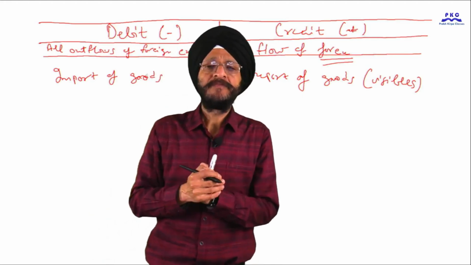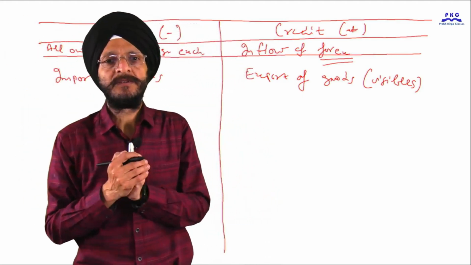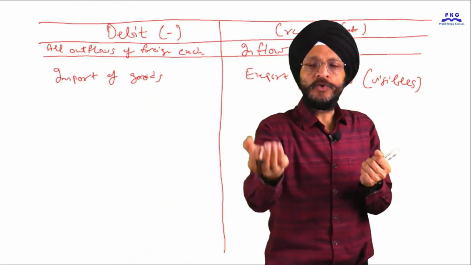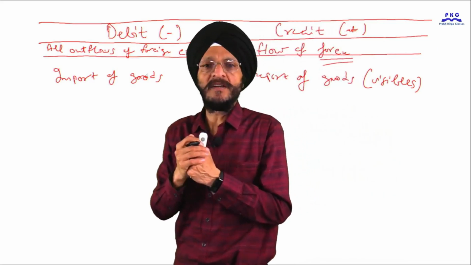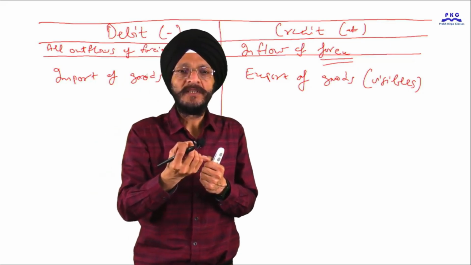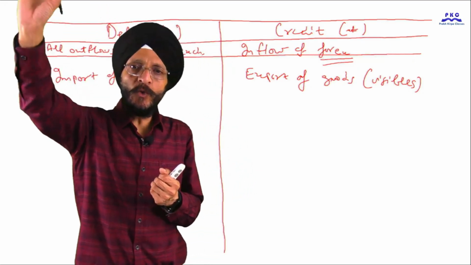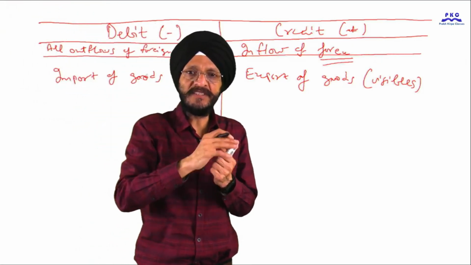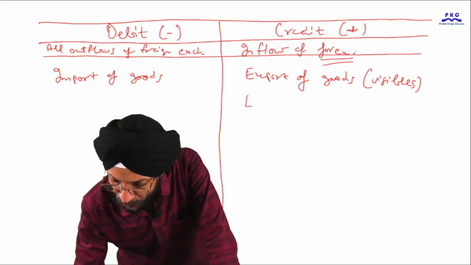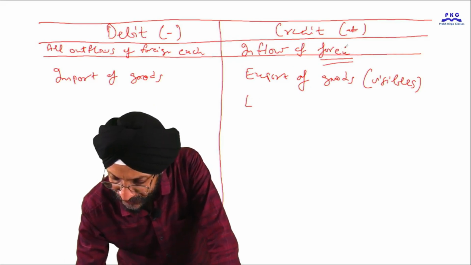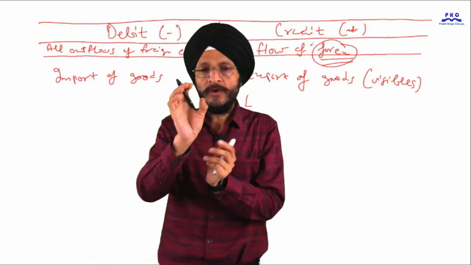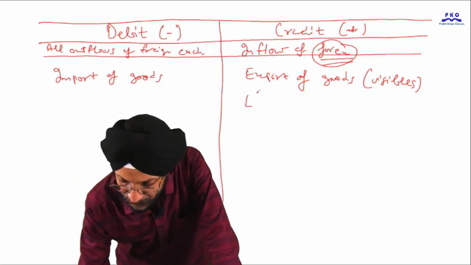In the same way, if we export services like banking, insurance, shipping, etc., then it will result into inflow of foreign exchange. As we give service to other countries, they will give us foreign exchange. Though we are writing forex, you are to read it as foreign exchange. Do not write it short in exams.